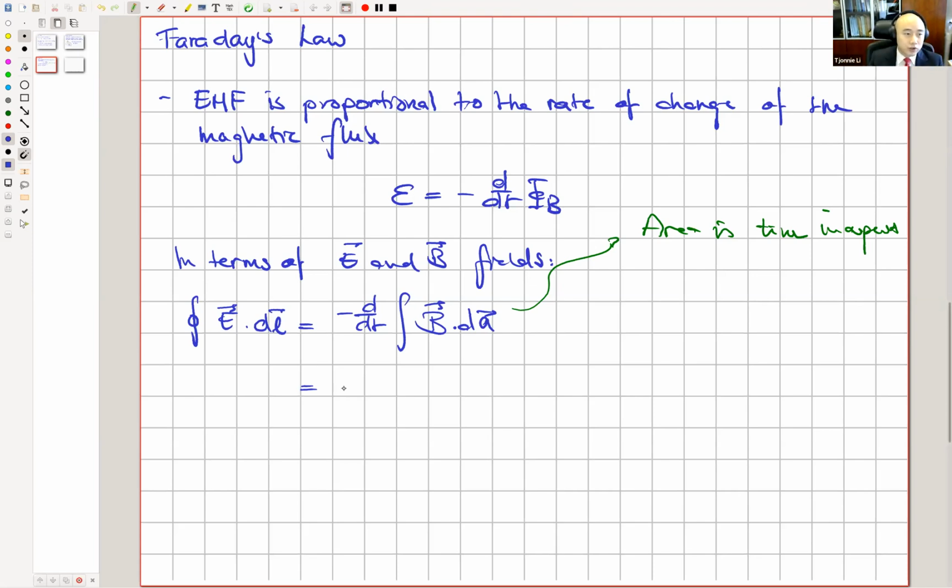I could do the derivative with respect to t first, and then do the integral. And here I go from a full derivative to a partial derivative because B also depends on the position. The field depends not just on the position, but now also on the time.